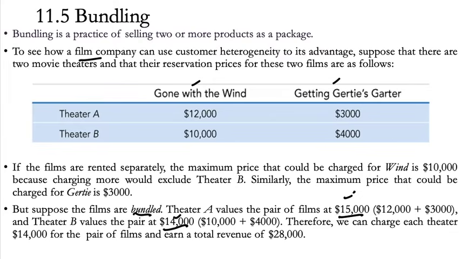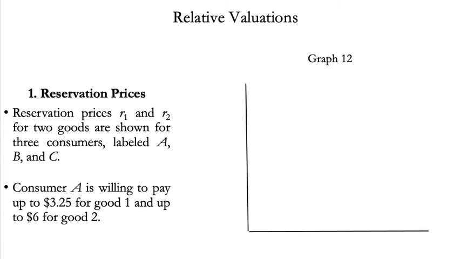Now, let's look at the relative valuation, the reservation price. So we put it in the form of a graph. Let's say the reservation price for product 1 is here, the reservation price for product 2 is here. Recall, what does reservation price mean? It is the maximum price that the consumer is willing to pay.